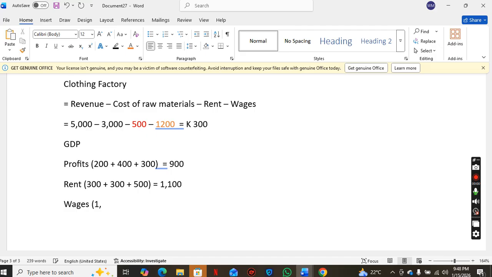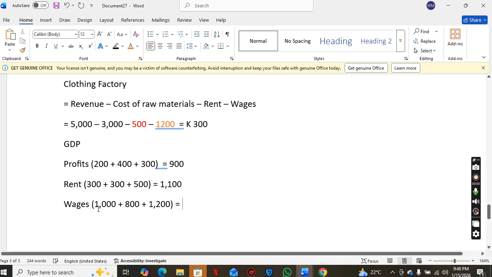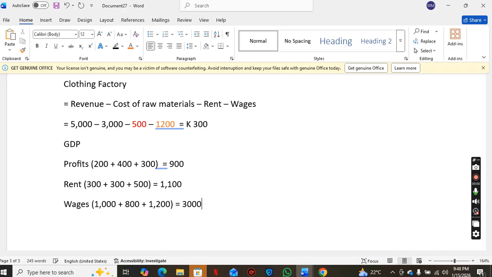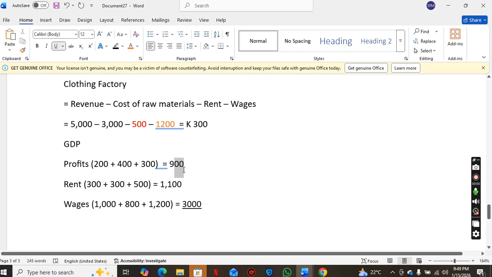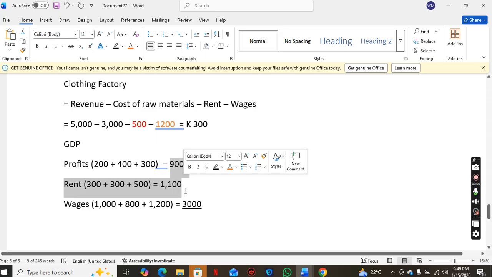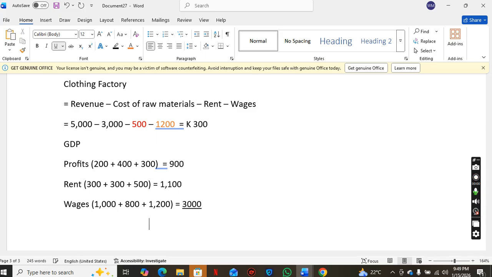So 1,000 plus 800 is 1,800, plus 1,200, we get 3,000. So total GDP: 900 plus 1,100 is 2,000. 2,000 plus 3,000, we get 5,000 kwacha.